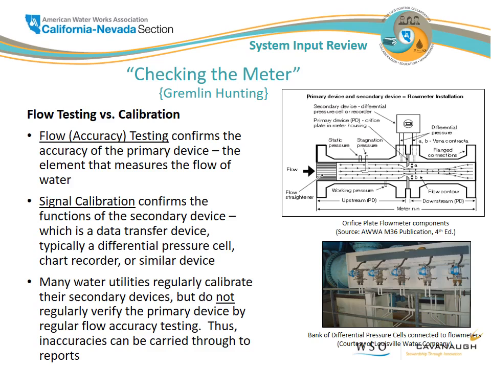And this secondary signal calibration is where we would essentially try to identify those gremlins of programming or possibly gremlins of data archiving if that signal calibration includes checking the data chain all the way from the head of the meter to its ultimate landing spot wherever it's archived, if it's a SCADA system or other. So these are two distinct activities. They are actually both important to do, but be careful not to interchange these two terms because they are not the same.